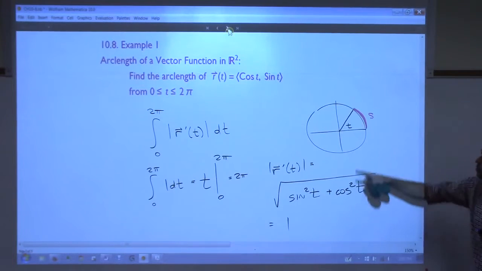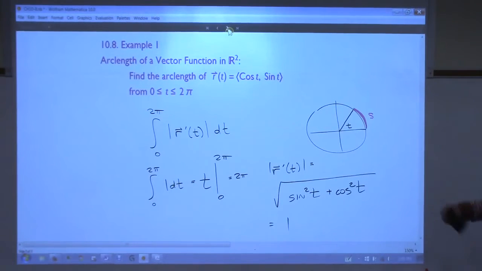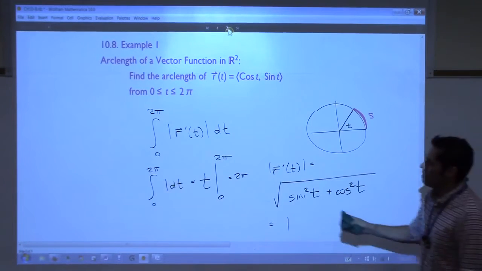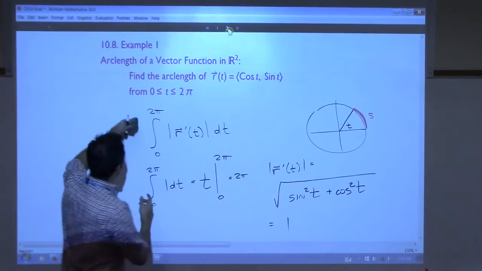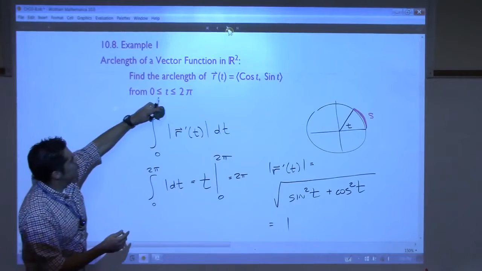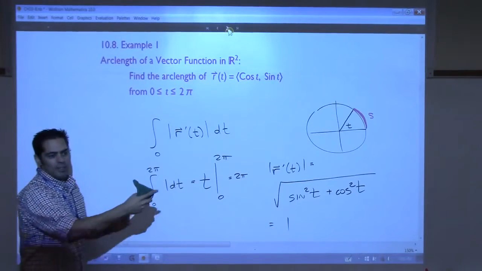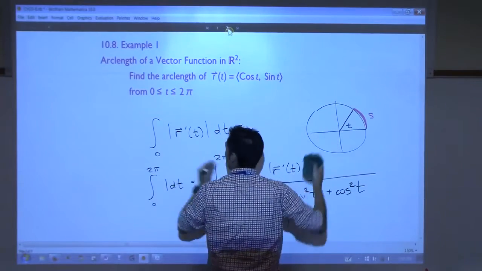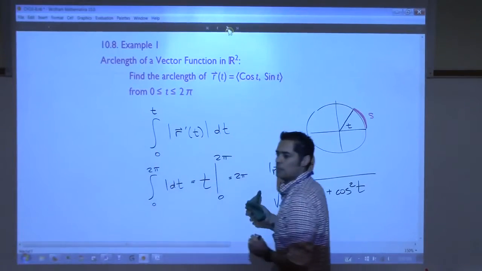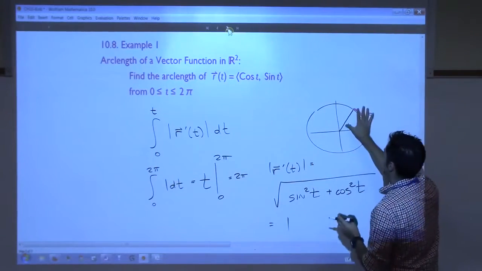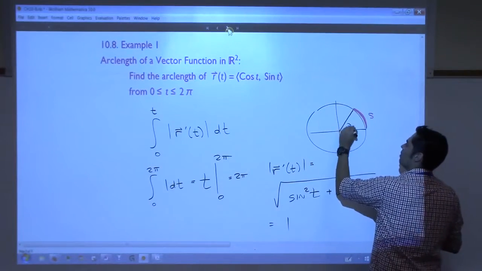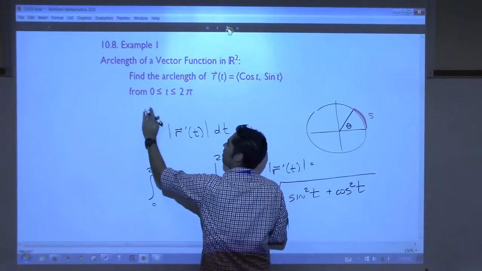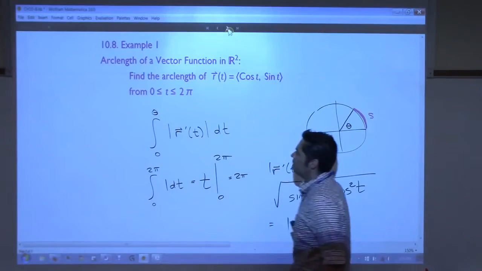Then how would this integral change? The bounds would go from 0 to where? Well, I don't know what that angle is, but what am I calling it? T. Let's call it theta, so maybe it'll make a little more sense, because that way you don't mix it up with the variable in there.